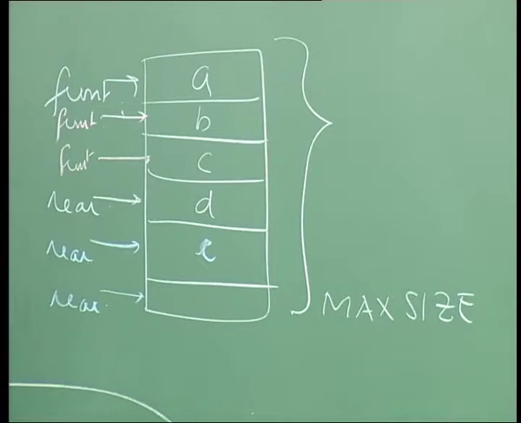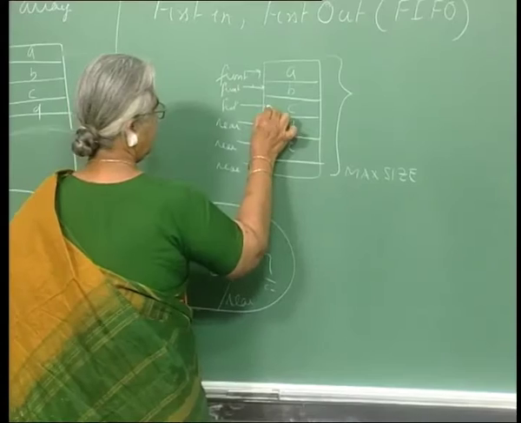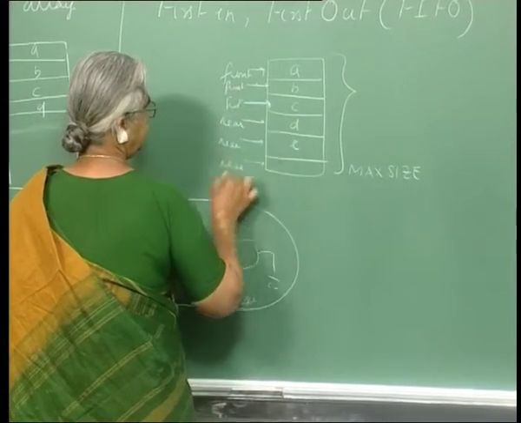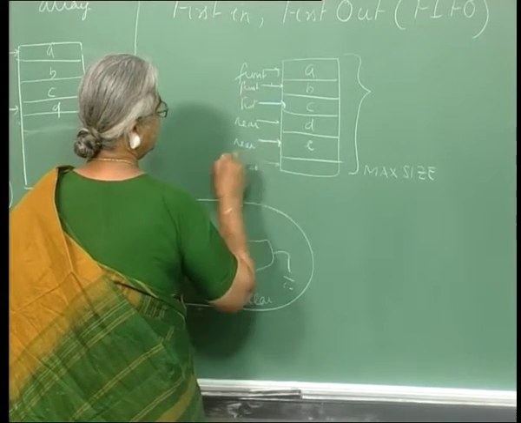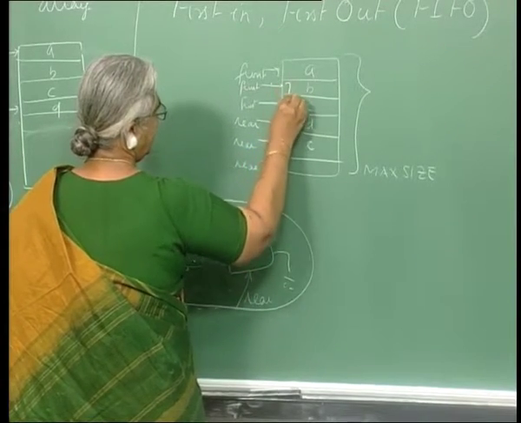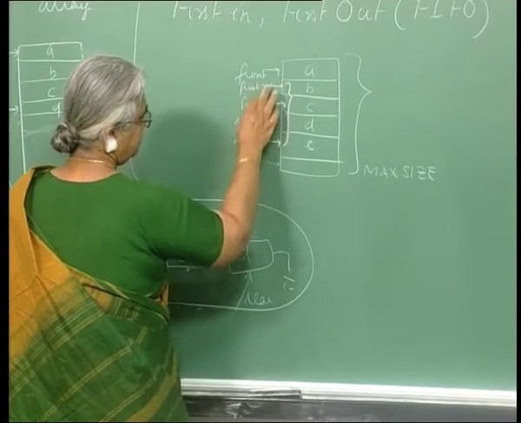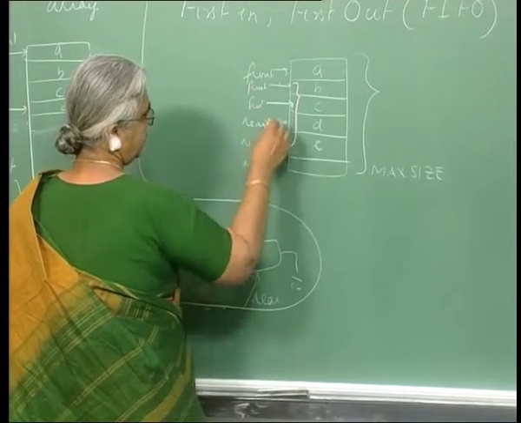So, the problem is that the queue is found somewhere between front and rear in the array. If I am looking at the pink colors over here, the queue is found between front and rear.